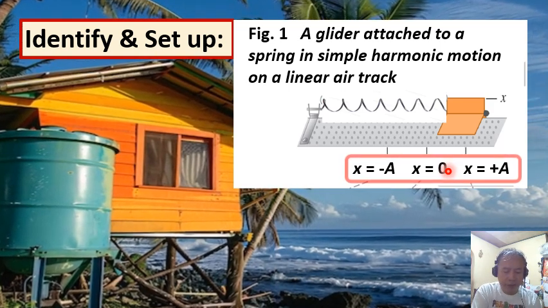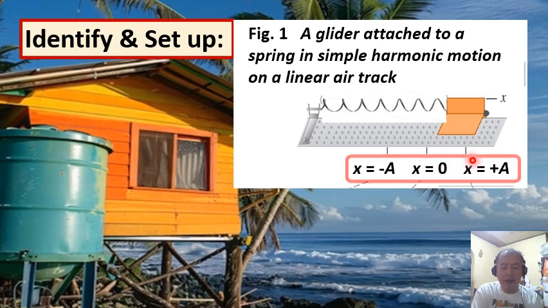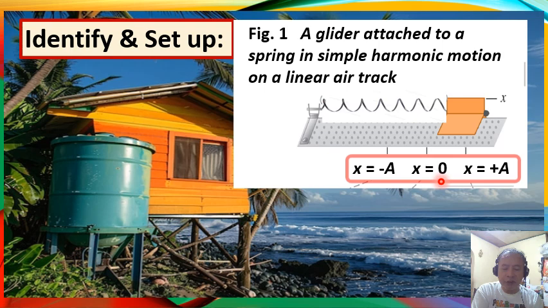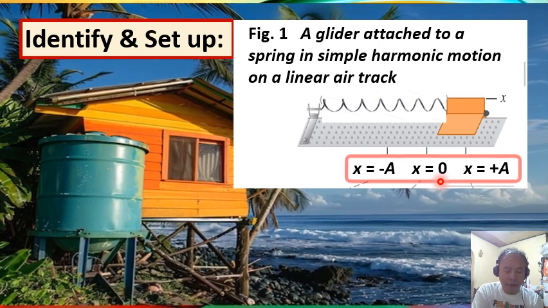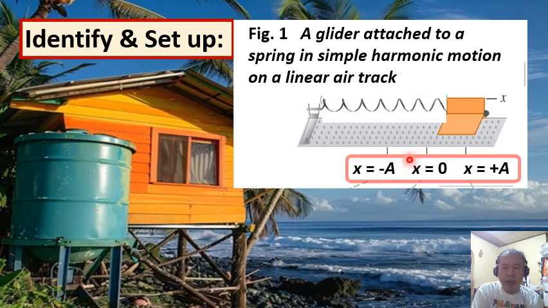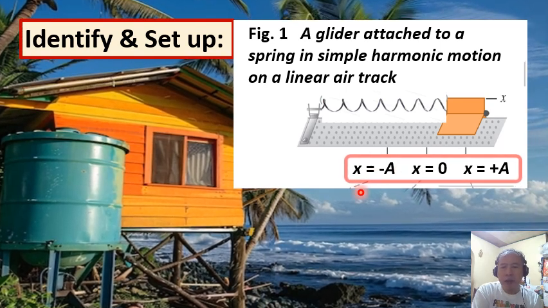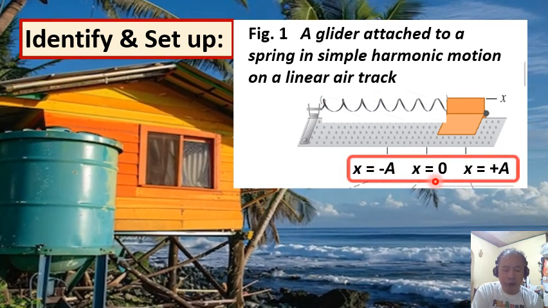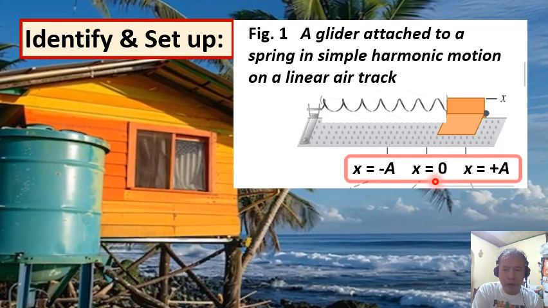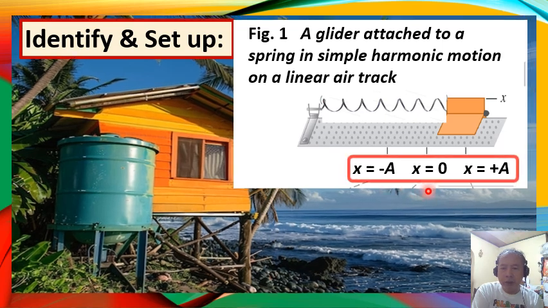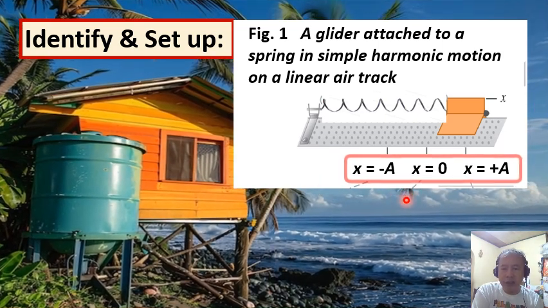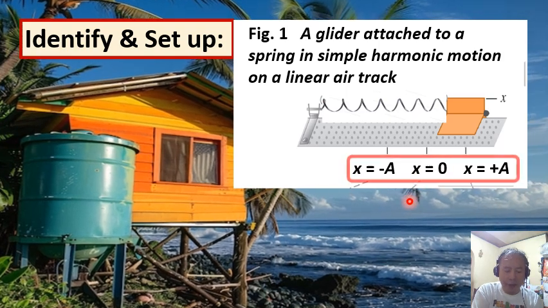But we can say that the acceleration is always opposite in direction to the displacement. So, as suggested in the question, we are going to use the energy method in computing the velocity and the acceleration of the glider.